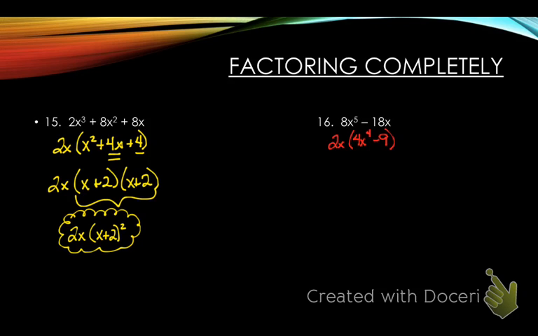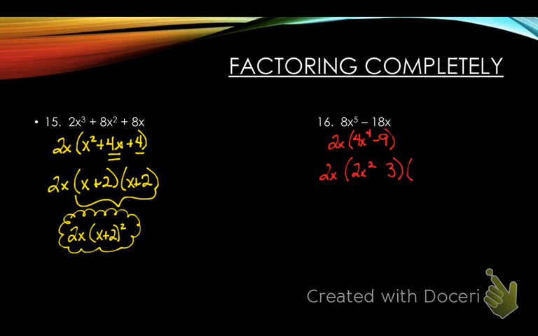Is what's in the parenthesis a difference of two squares? Is 4 a perfect square and is 9 a perfect square? Yeah. So that means I can factor that. What number times itself will give you 4x to the fourth? 2x squared. What number times itself is going to give you 9? 3.